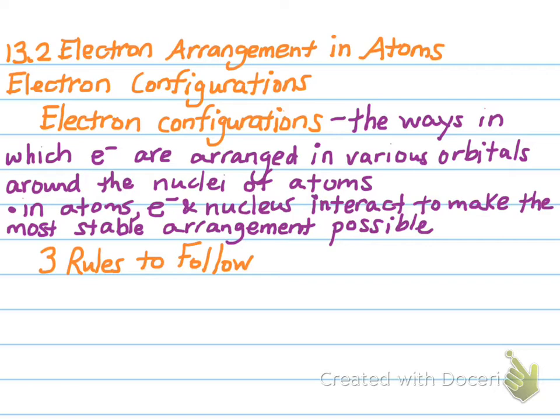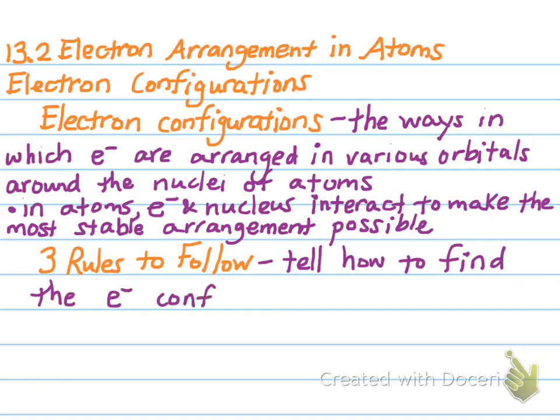So there are a total of 3 rules to follow when we're talking about electron configurations and figuring them out. These 3 rules tell us how to find the electron configurations of atoms.